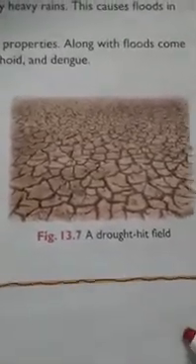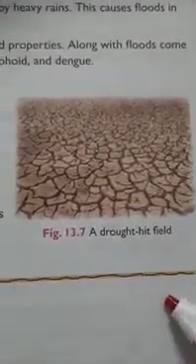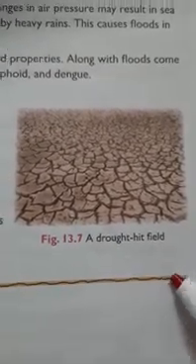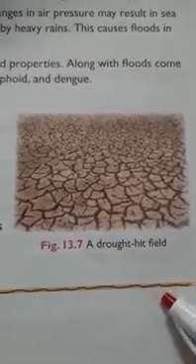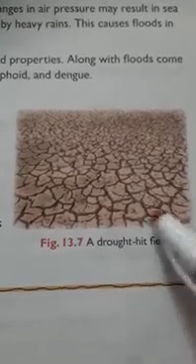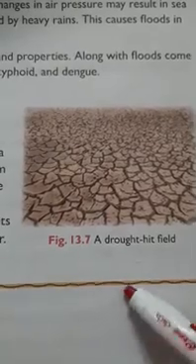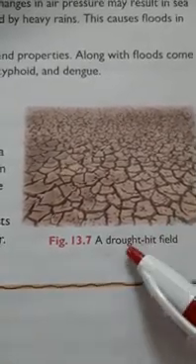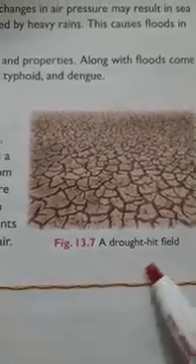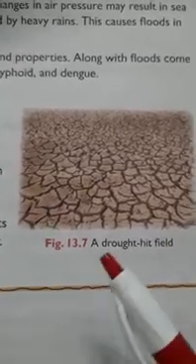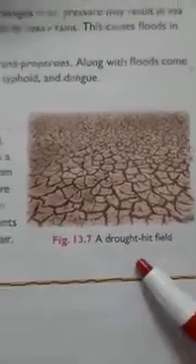So the areas which do not get rainfall, there will be scarcity of water. So no water means no plants can grow, no crops can grow. Even animals may die because of shortage of water, and human beings also cannot survive in these dry regions. So the destruction caused by drought may be damaging the crop or no crops or loss of lives of animals and human beings. Okay, children.